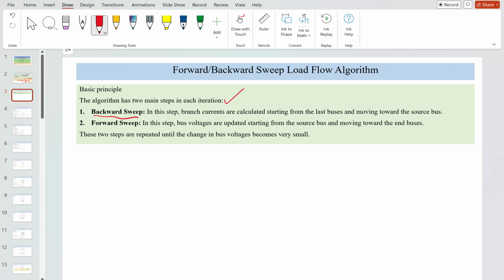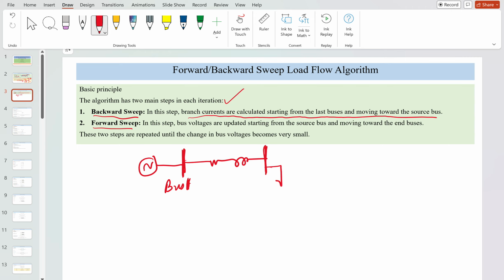You have the backward sweep and the forward sweep. In the backward sweep, the branch currents are calculated starting from the last buses and moving towards the source bus. Let me explain that. Suppose you have a generating source connected to bus 1, then you have R and X in the line, then one load, then again a bus with R and X, and another load, and again a bus with R and X, and then a load.